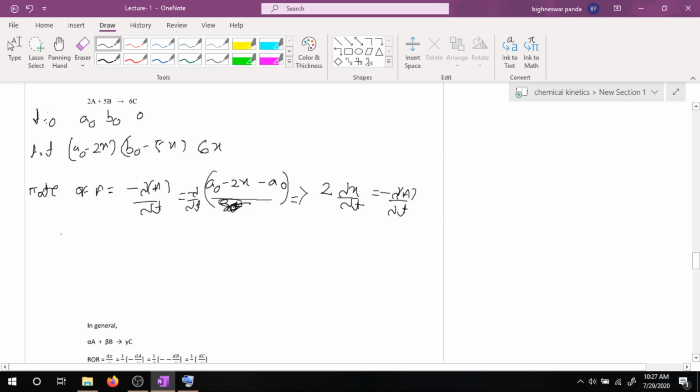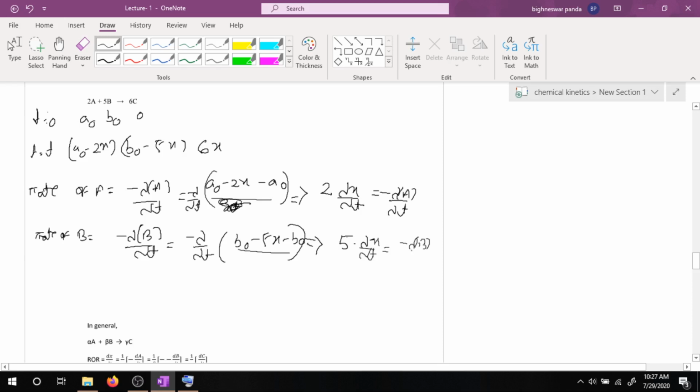Similarly, rate of B is equal to minus dB by dt, and that will be equal to minus d by dt of B naught minus 5x minus B naught, equal to 5 into dx by dt, that will be equal to minus dB by dt.